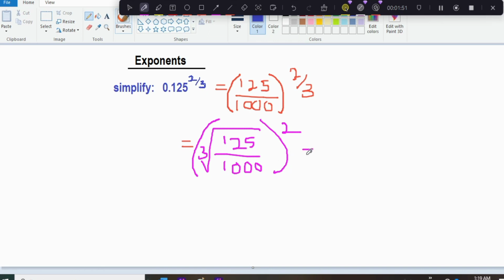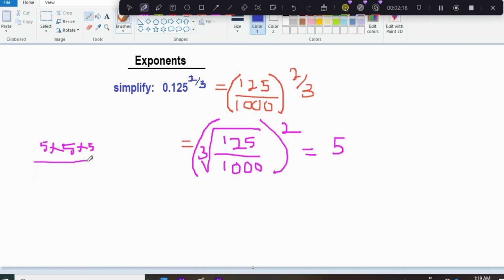So the cube root of 125 is 5. Remember, 5 times 5 times 5 will give us 125. Let's write it here. 5 times 5 times 5 will give us 125.